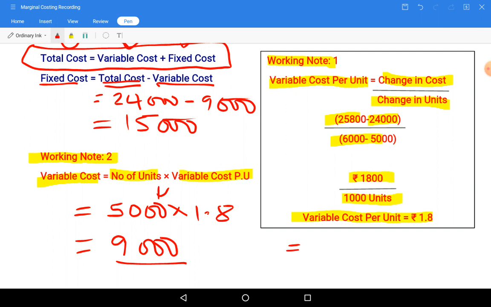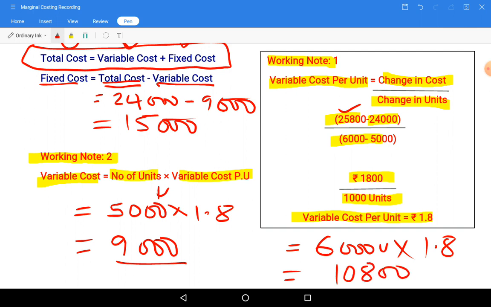So 6,000 units into variable cost per unit 1.8, it is becoming 10,800. This is my variable cost.